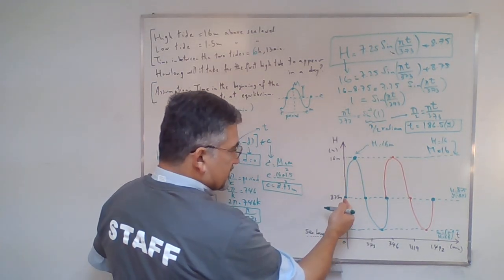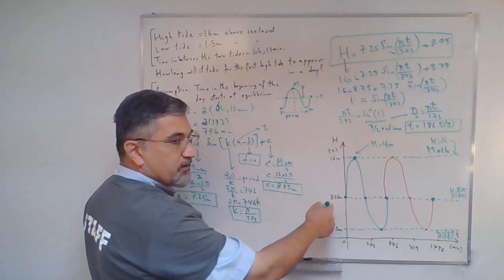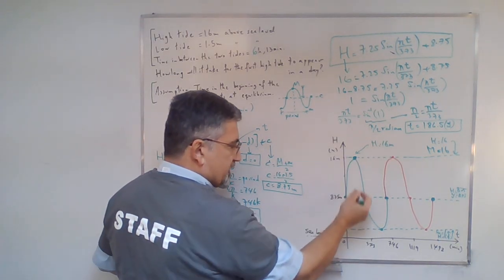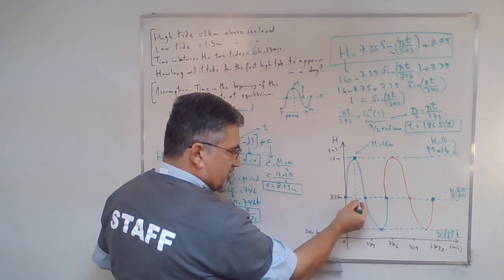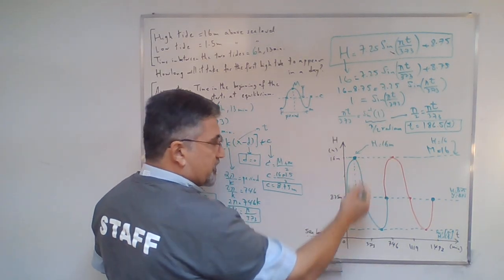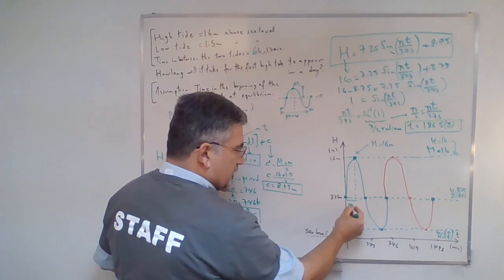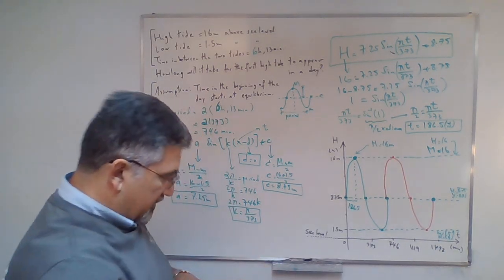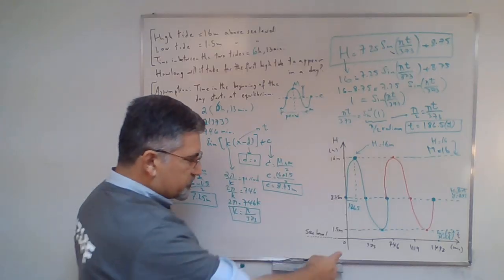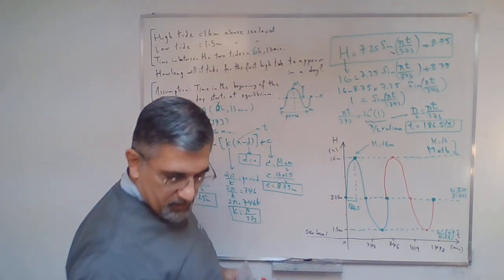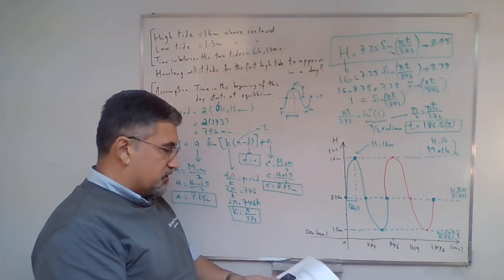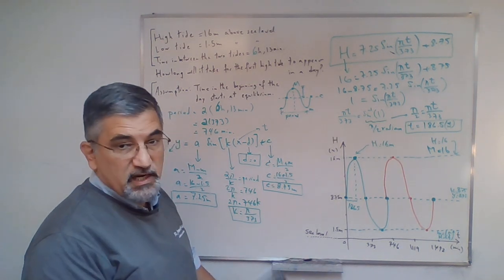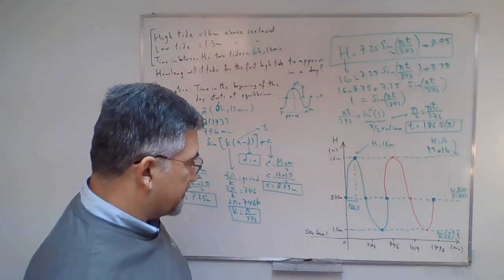So it tells me that from the equilibrium line up to the first max, which is this horizontal distance, apparently is 186.5 seconds. And if you double that, I bet it is going to be 373. I have a calculator here. So 186.5, if you double that, it's exactly 373.